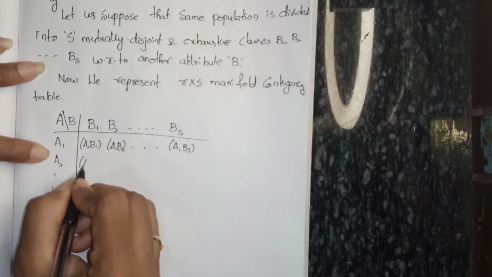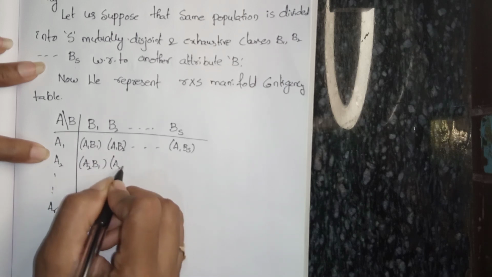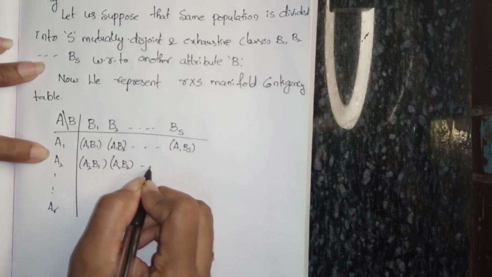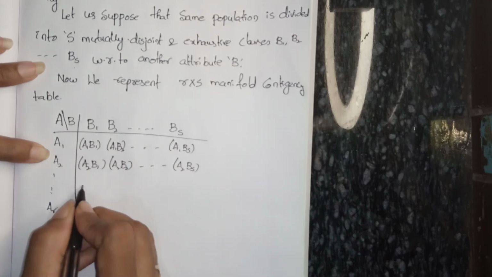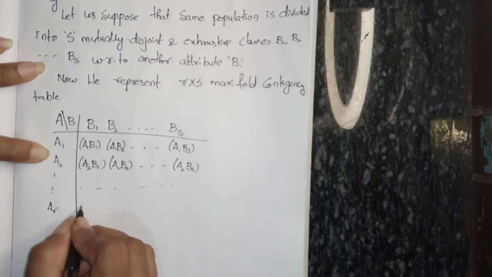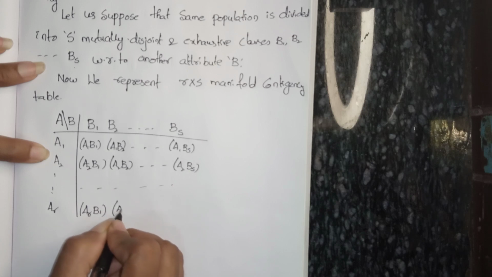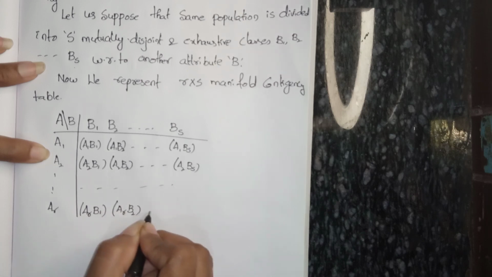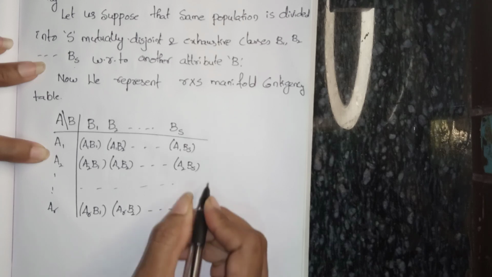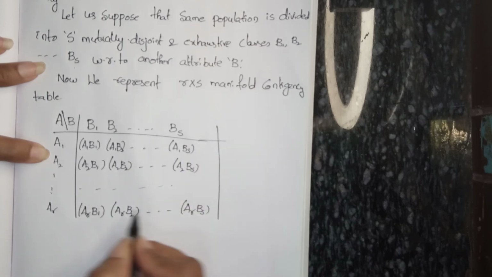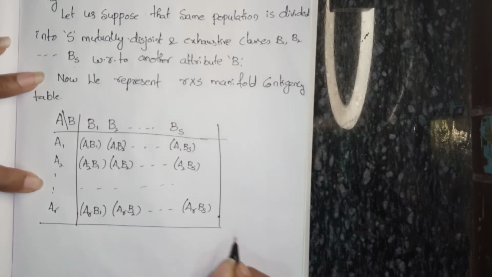In the same way A2B1, A2B2, and so on up to A2BS, and the last one is ARB1, ARB2 and so on up to ARBS. So this is called a contingency table.